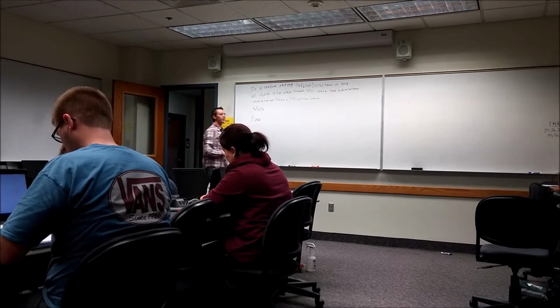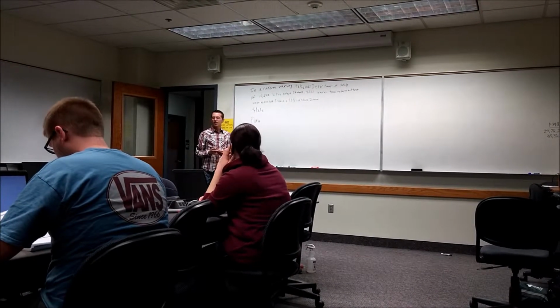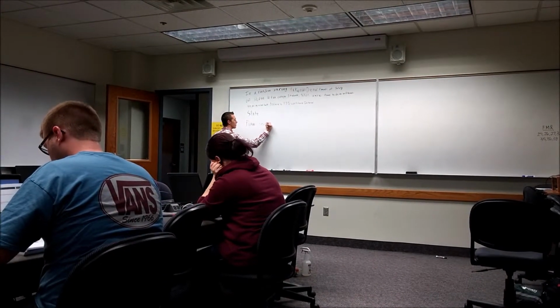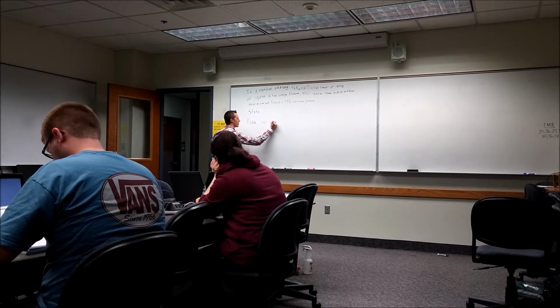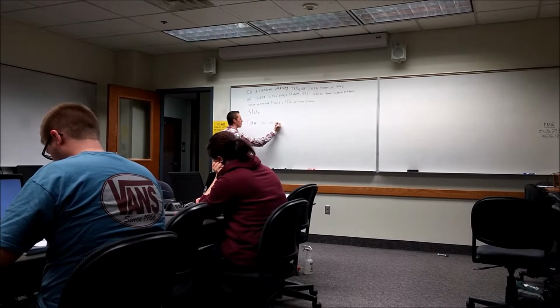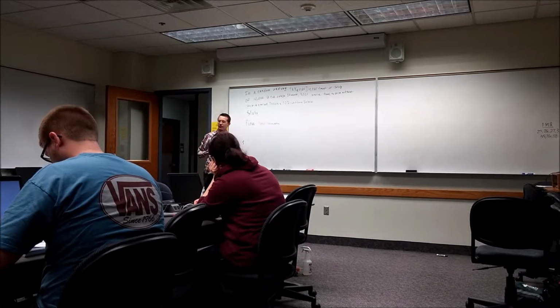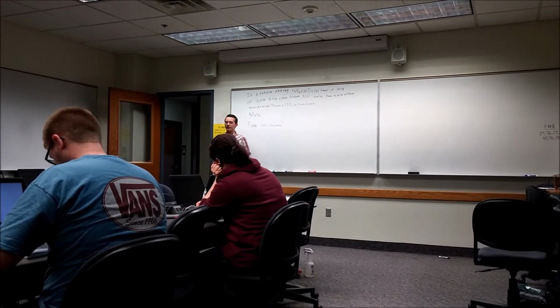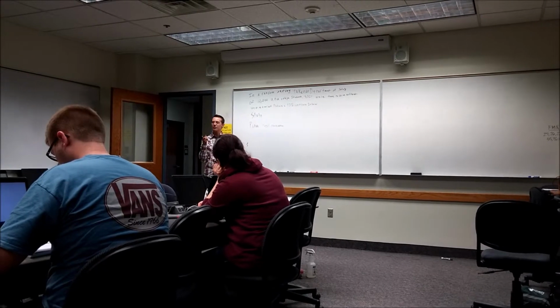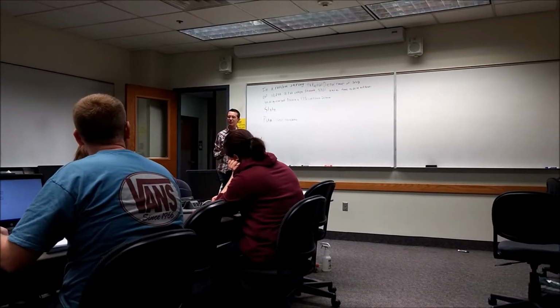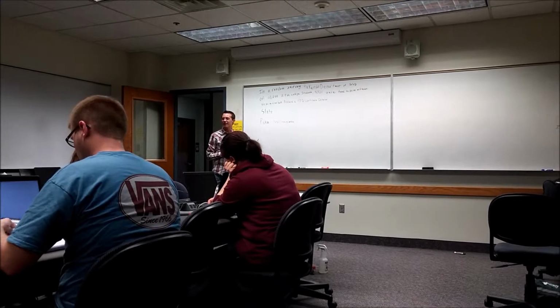So for the plan, which test procedure are we going to be using? In the back, what's your name? David. David, which test procedure should we use for this type of problem?